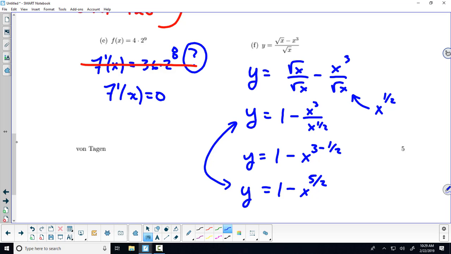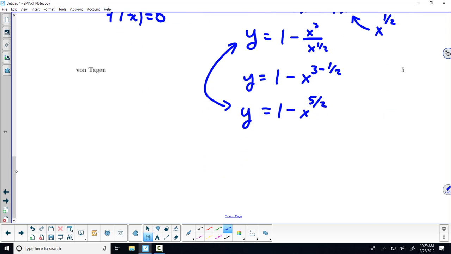Remember with these radicals, if I gave you the cube root of x, this one's a little easier to see. The cube root of x can be written as x to the 1/3 power. If it's a radical, you take 1 divided by the index of the radical. It's a little confusing on the square root because we never write the 2. I wish we would. Why don't we write the 2? Start a petition, right? Let's get our congressman involved.